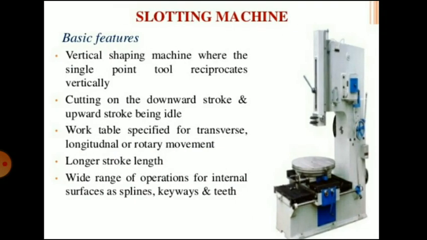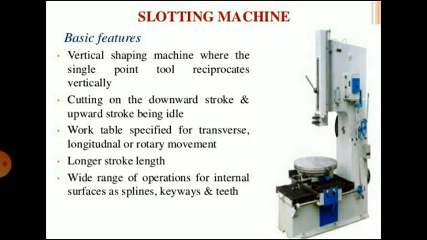Then the next machine that we will see is the slotting machine. Vertical shapers and slotters are similar to the horizontal shaper, except that the ram reciprocates in a vertical direction.